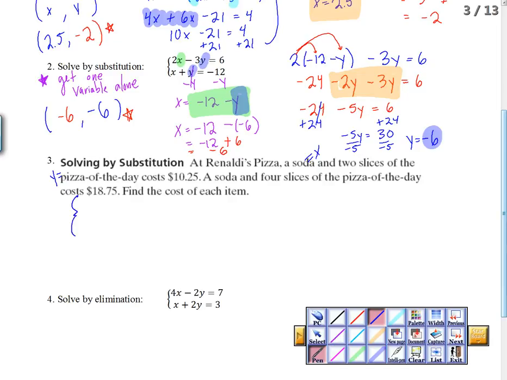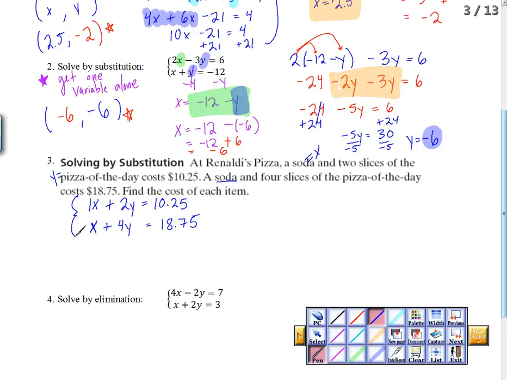So my first relationship, 1 soda, so 1x, and you do not need to write the 1, but you may, plus 2 slices of pizza, 2y, equals $10.25. Second one, 1 soda, so again, just an x, and this time I'm going to write it without the 1, and 4 slices of pizza, plus 4y, costs $18.75. Find the cost of each item. So I want to know my x and my y.